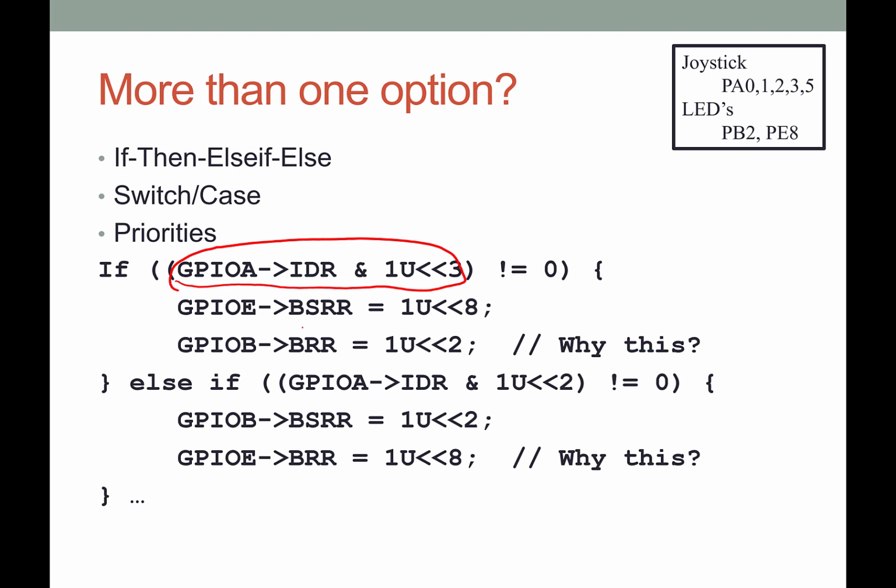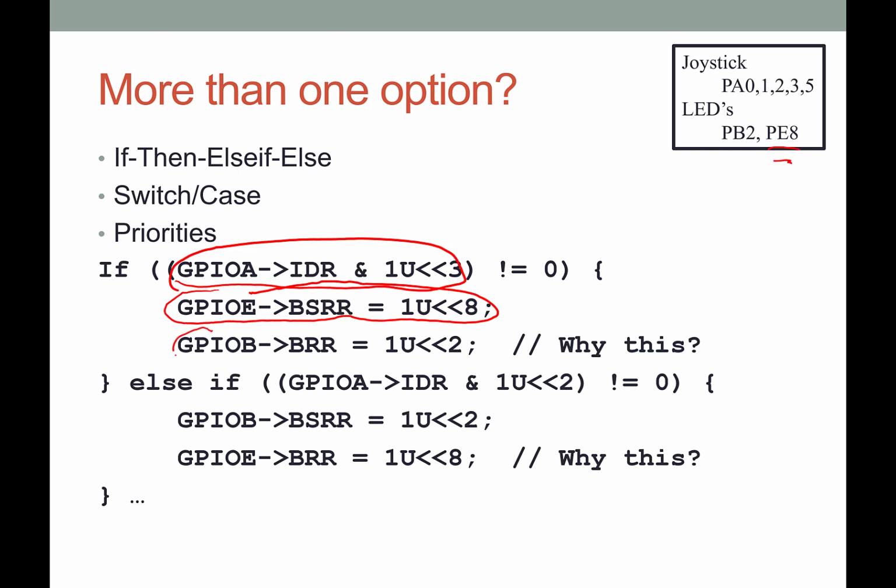When we press up, we can do exactly what we did before. And what does that mean? We can set port E8, so that's going to turn on the green LED.